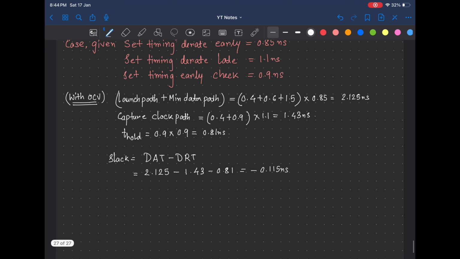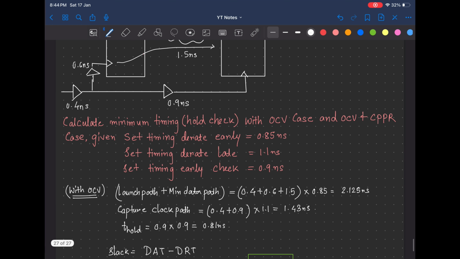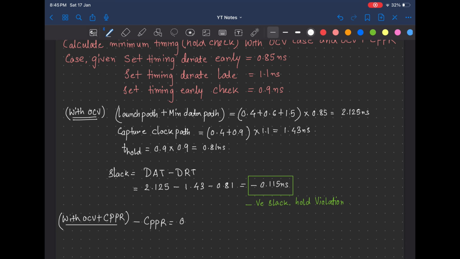So obviously because of that negative slack, there is a hold violation, but again we have to calculate the OCV plus CPPR case, where we just have to calculate the CPPR. We multiply 0.4 with 1.1 and 0.4 with 0.85, so 0.4 into 1.1 minus 0.4 into 0.85.